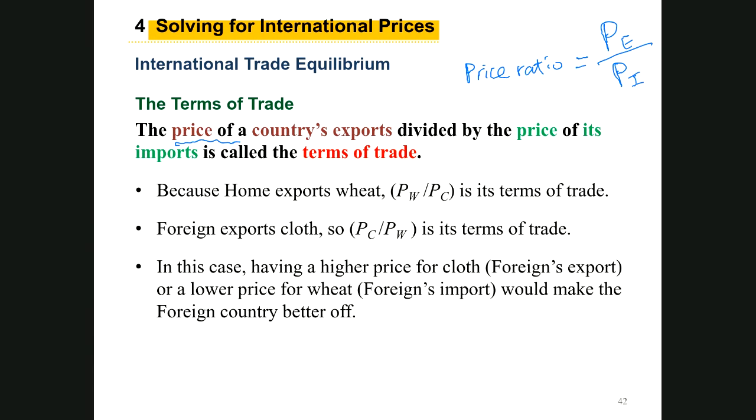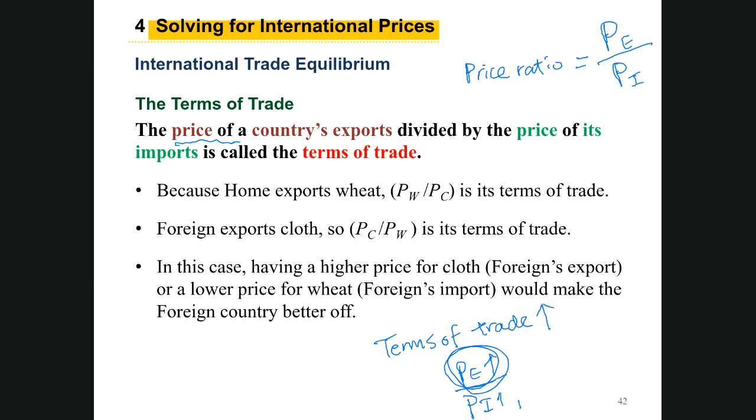People sometimes tell you that if your terms of trade are getting better, it means the goods you're selling to the other country increase relatively more than the goods you import. They could both increase, but the export price increased more.